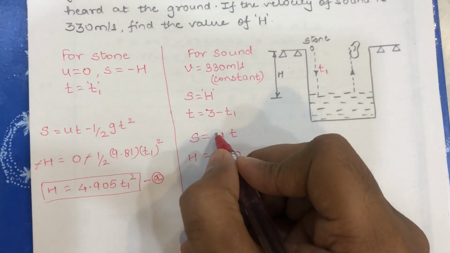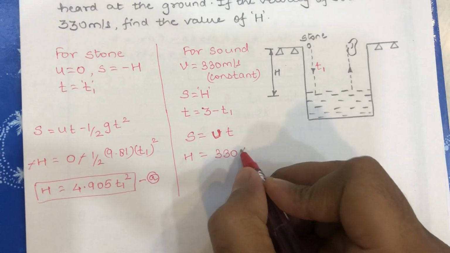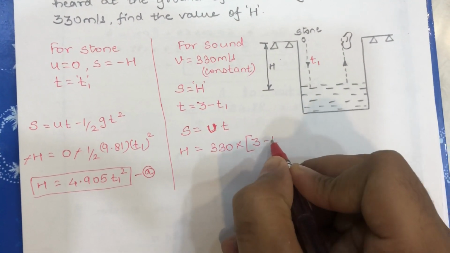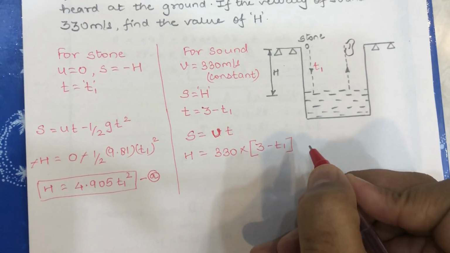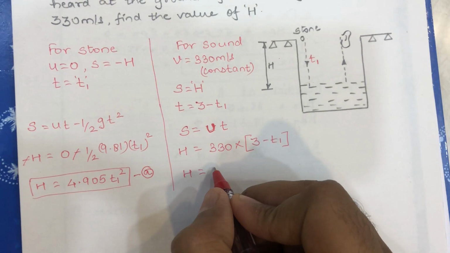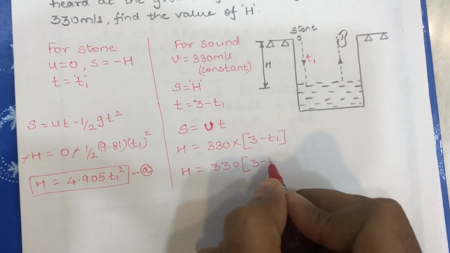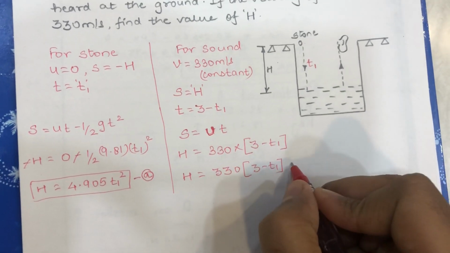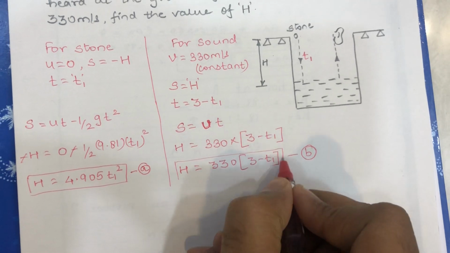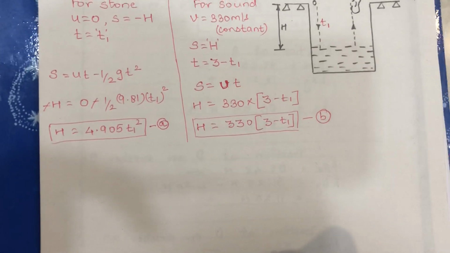There is no u, no v, it's simply velocity into the time t. Time t here is 3 minus t1, which gives h equals 330 bracket 3 minus t1. This is equation B.